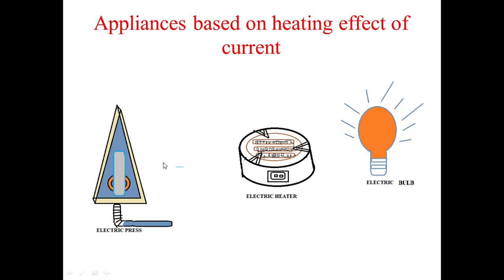The iron is used to press the cloth, while the electric heater undergoes heating and can be used for cooking purposes, and the electric bulb has a tungsten filament, which is of very high resistance and produces heat and glows.